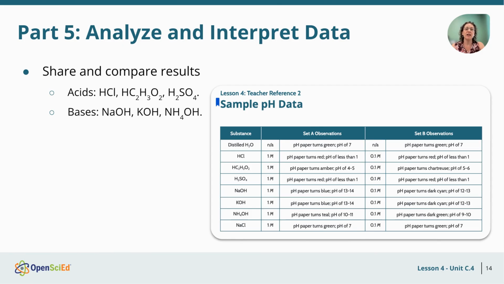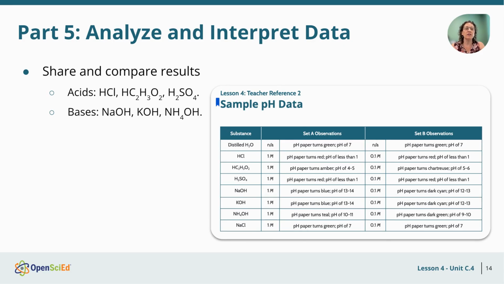In part 5, the lab groups will share and compare their results with other groups that tested different molarities of solutions. They will come to the conclusion that the substances tested, hydrochloric, acetic, and sulfuric, are all acids. The hydrochloric acid and the sulfuric acid produce a very low pH of 1, meaning a higher concentration of hydrogen ions than acetic acid.